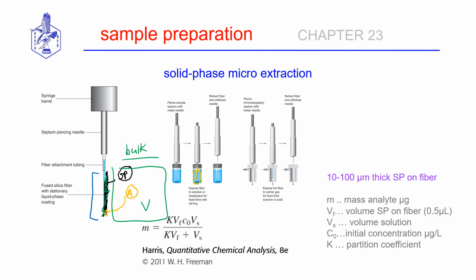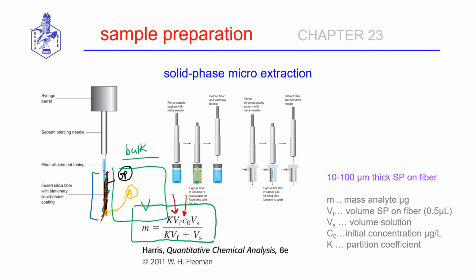We can actually predict the mass of an analyte species that will arise in this method. Here's the initial concentration of the analyte in the bulk solution. This is the volume of the thin film in the stationary phase here.